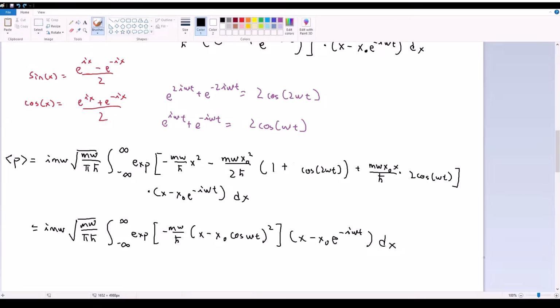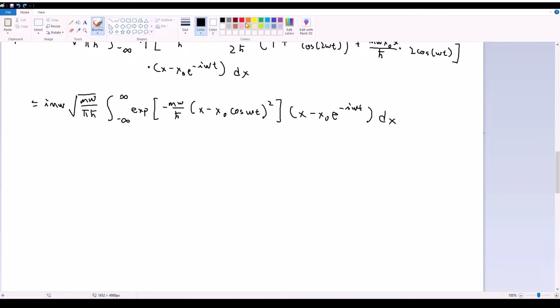At this point, we're going to once again use u substitution. I'm going to say u is equal to x minus x naught cosine of omega t, which means that du is just equal to dx, and x is equal to u plus x naught cosine of omega t.